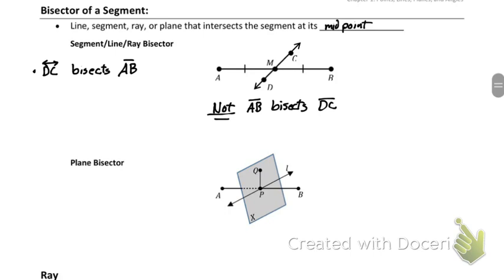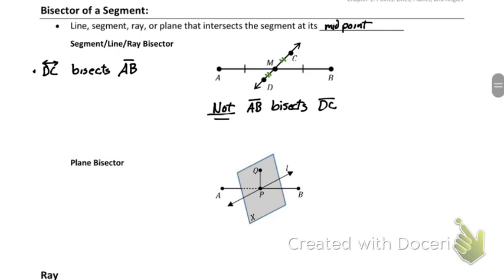Yeah, a great thing to say. If I add double tick marks on here, just like that, we can now say it both directions. We can say DC bisects AB, and we can say AB bisects DC because I put those two tick marks on there. And once again, it doesn't matter how it looks. If I put the tick marks on there, it's a midpoint.